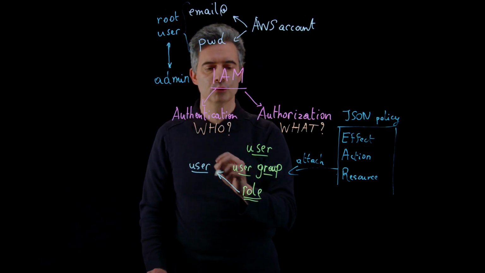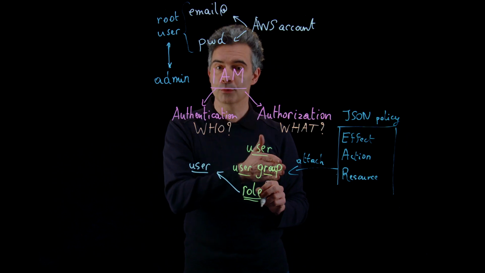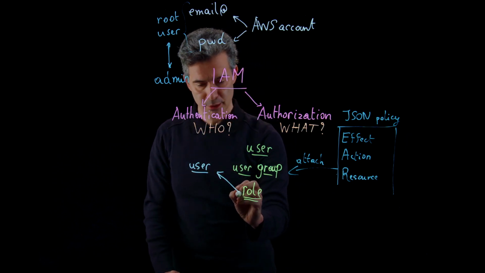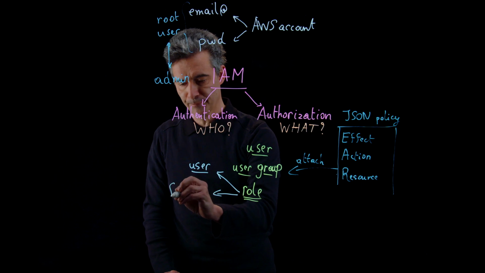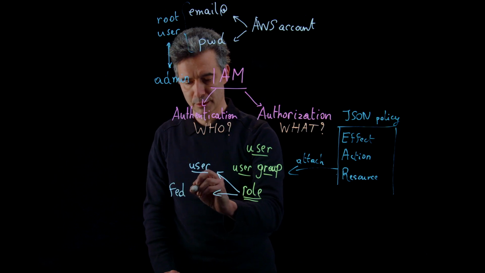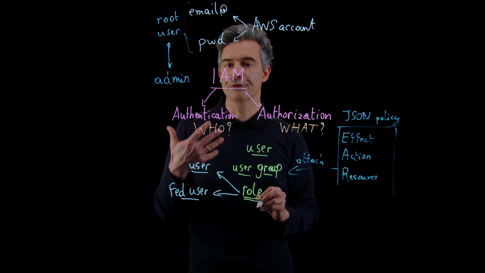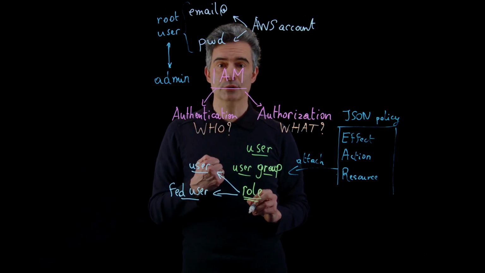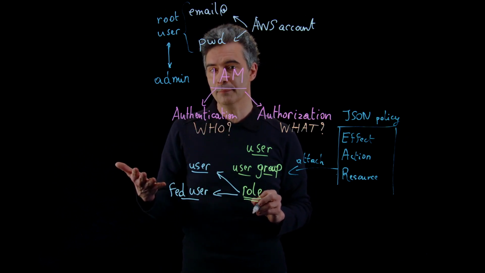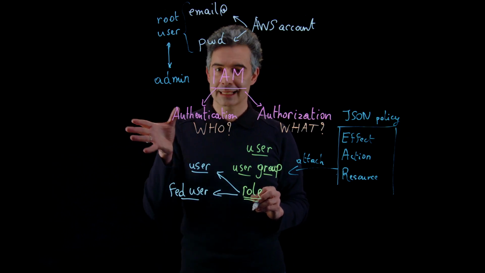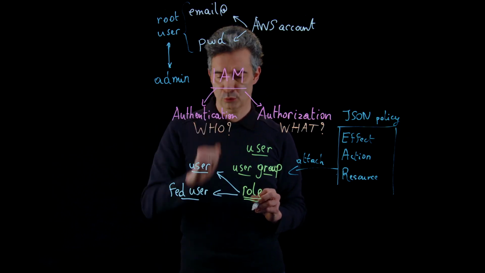In other words, our user has the choice either to have permanent permissions or temporary permissions. We can also use this for federated users. For example, a federated user would be defined by, let's say, Active Directory, which could be running in your on-prem, in your corporate data center, and that you would use as an identity provider to connect to IAM.